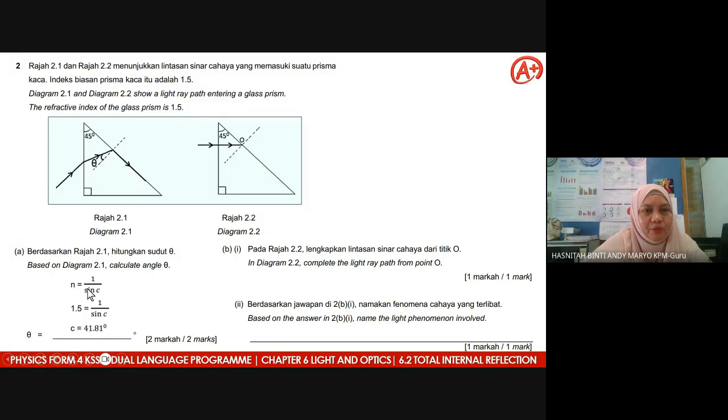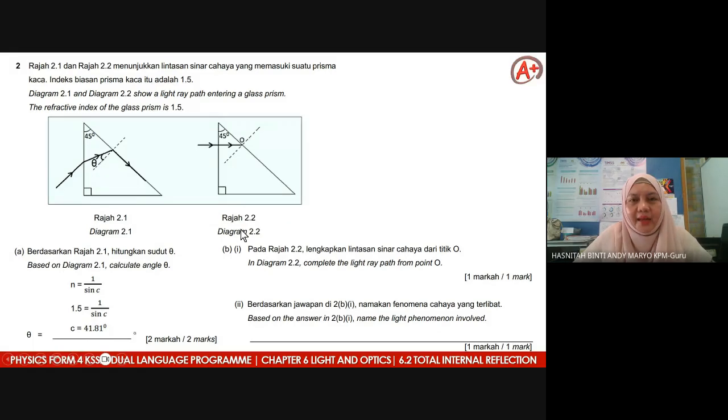So n equals 1 over sine c, because when r is 90 degrees, theta is also known as the critical angle. So c is 41.81 degrees, with 1.5 given in the question and c we are looking for. So 41.81 degrees is angle theta, which is also the critical angle for this prism.